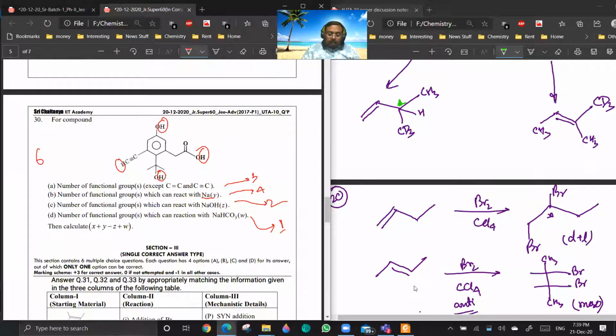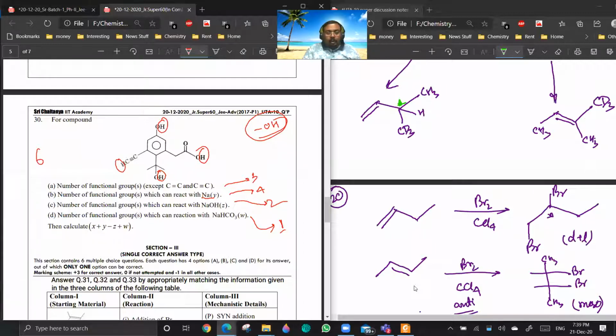See, NaOH will only react with acidic hydrogen on oxygen, which can be delocalized. Are you getting a point? See, this is an alcohol. It will not react with NaOH because alkoxides are less stable ions than OH minus.